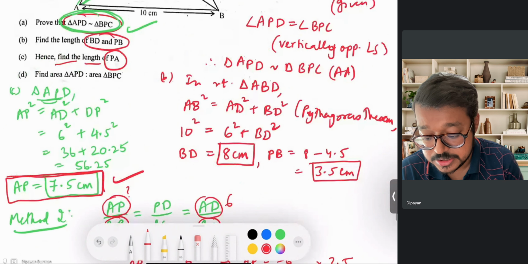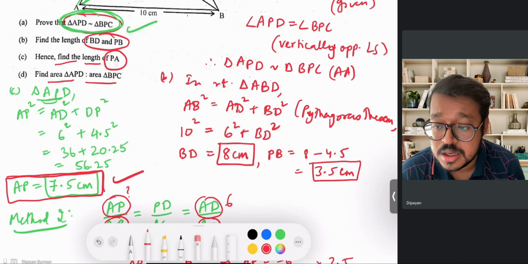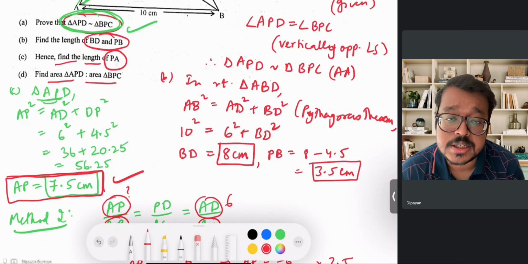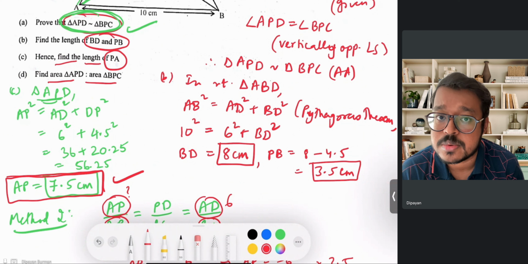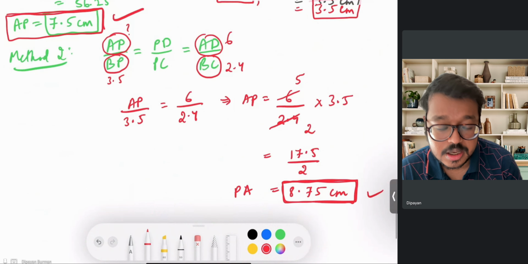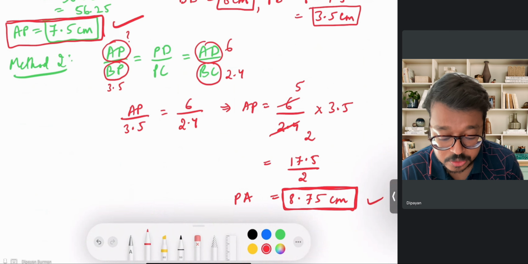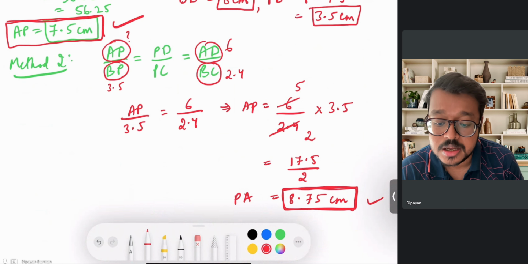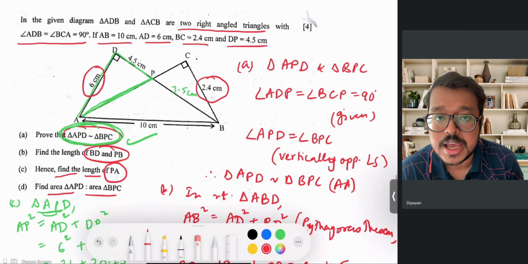Then the last part is to find the ratio of areas of APD and BPC. So they have already been proven that they are similar, so I just need to write down the square of the ratios of corresponding sides. Now since there is a variation of AP, again it can have two possible answers, but if I want to avoid using AP, just by looking at, let's say, AD and BC, I will get one answer.